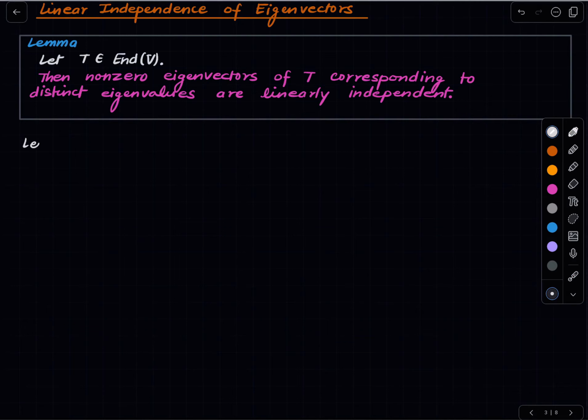So let lambda1 and lambda2 be two distinct eigenvalues of T, and let us pick two non-zero eigenvectors, V1 and V2.